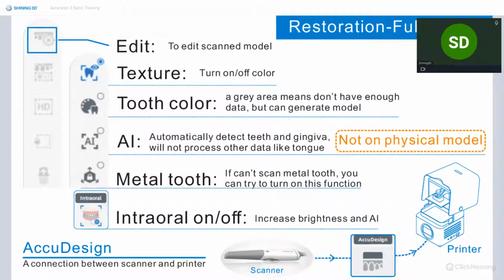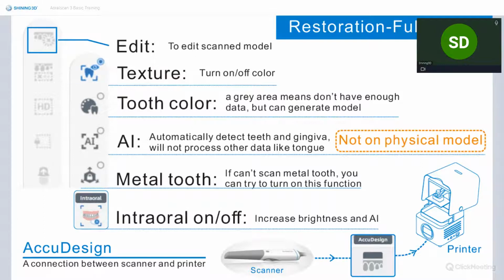So just remember, turn on this intraoral option when you do the intraoral scan, and this function will also increase the brightness for the scanner, because usually it's darker in the patient's mouth.